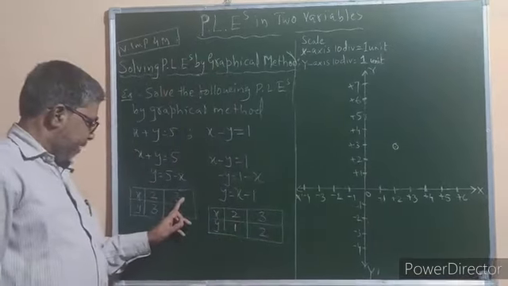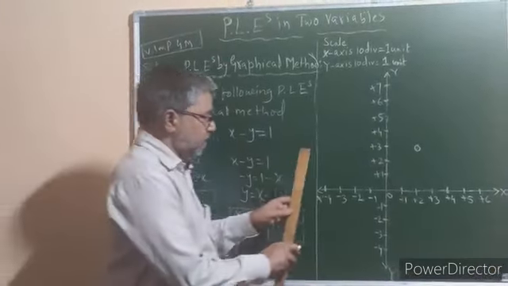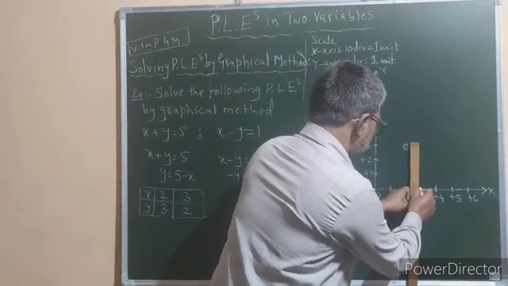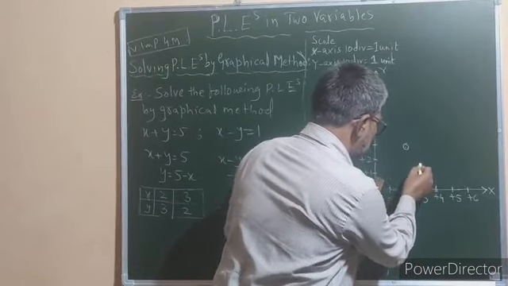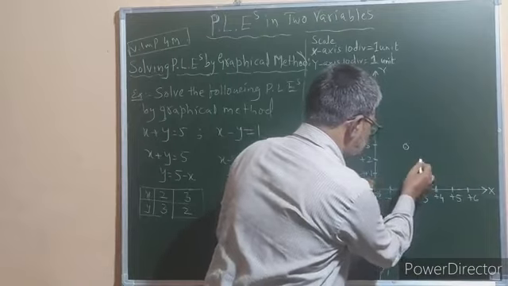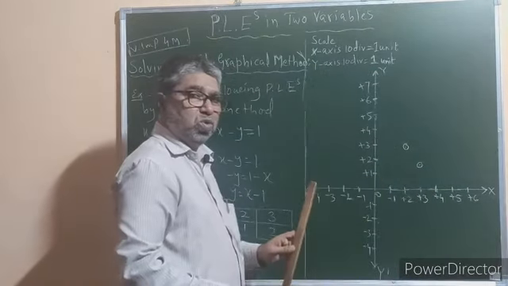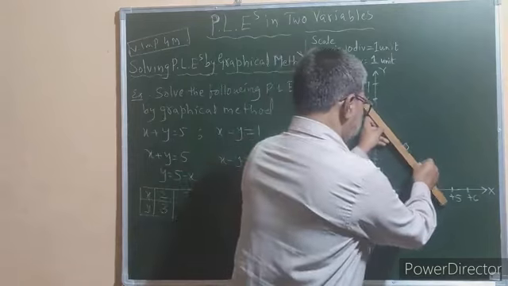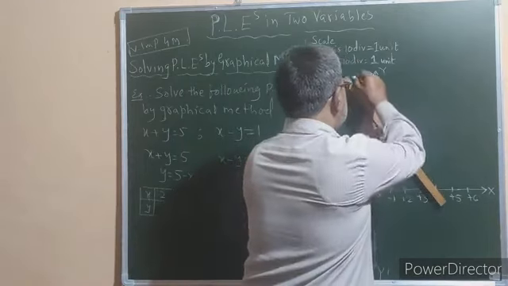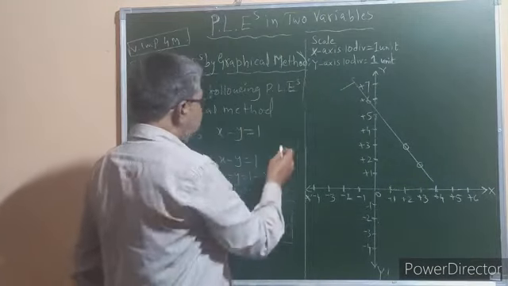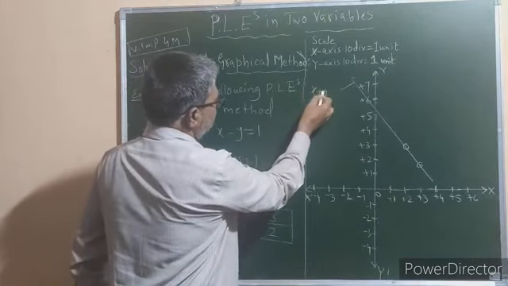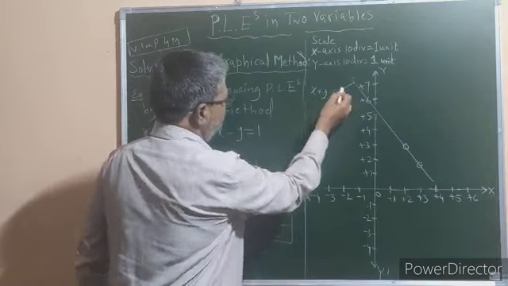Now the second pair is (3, 2), 3 is here, okay. 2 means again you have to go up, and from 2 you have to move towards the right side to get that point. These are the 2 points. Draw a line passing through, okay. So this is the linear graph for the equation x plus y is equal to 5.